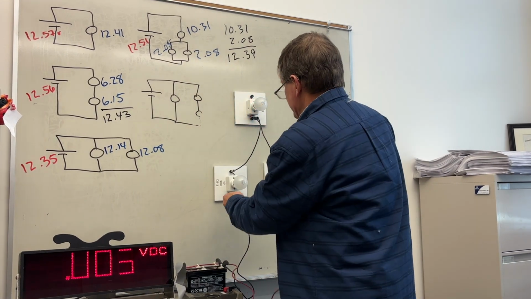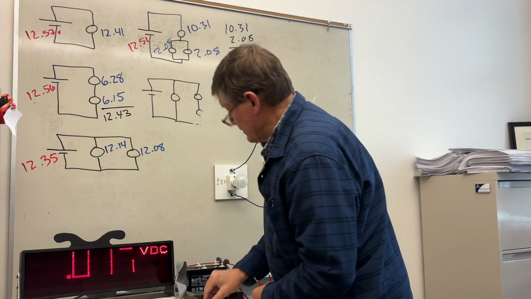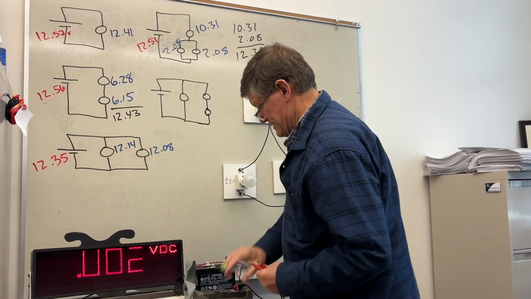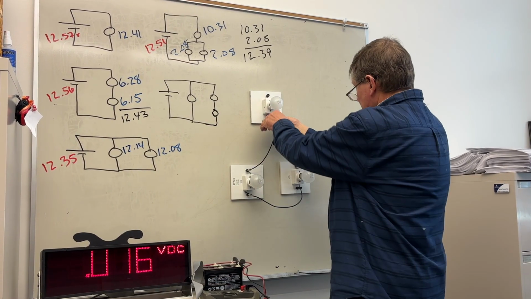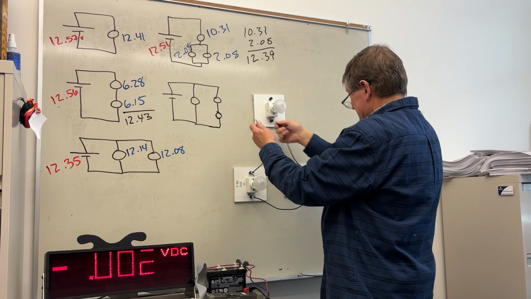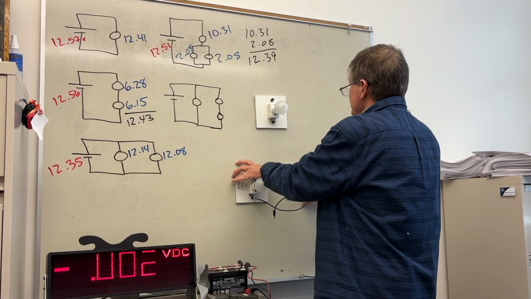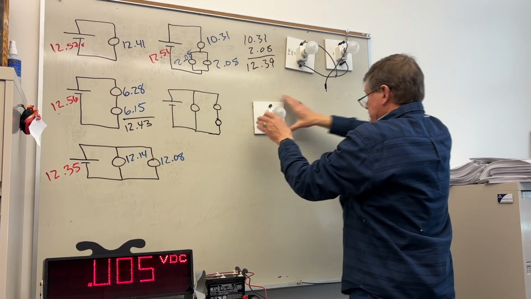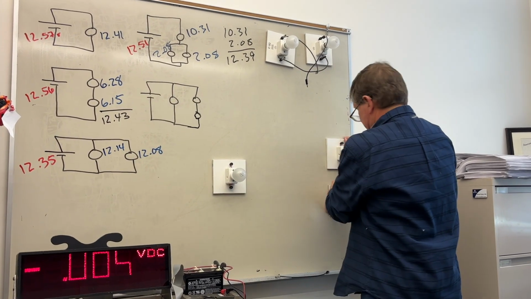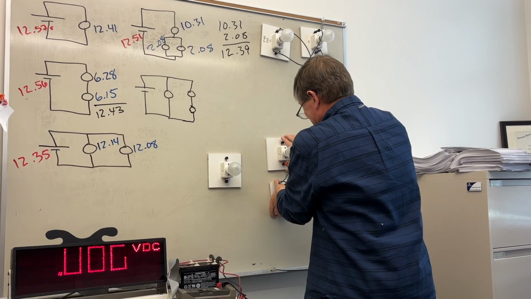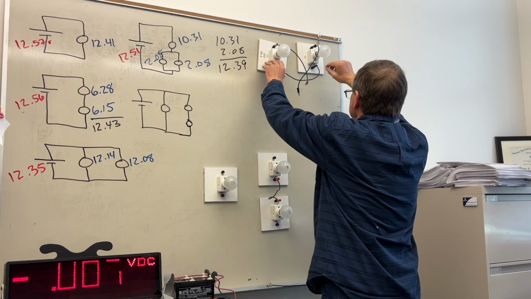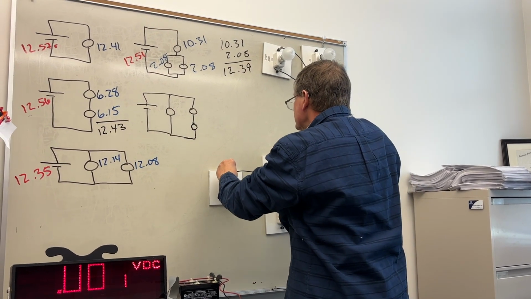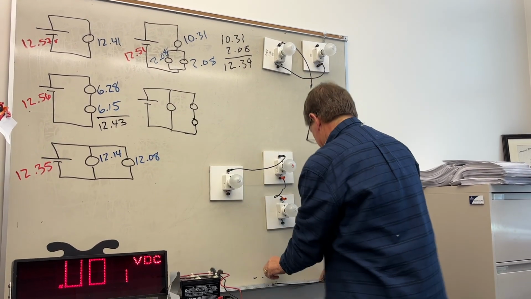So one last circuit. We are going to make this circuit with our single bulb. Let's get rid of these guys and bring in these guys. And I'm going to need that and that.